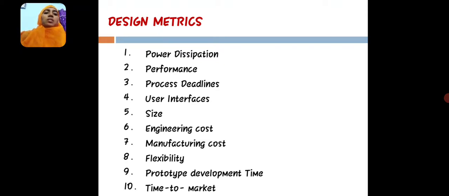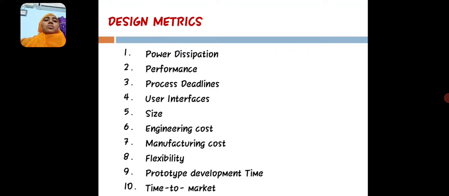Development time is the time taken to prepare that device, and the time taken to finish the device comes under prototype development time. The tenth one is time to market. Whether we can release the device in the market within the time or not comes under time to market.